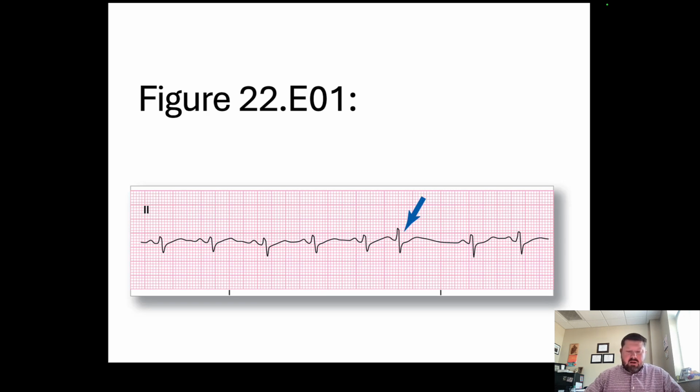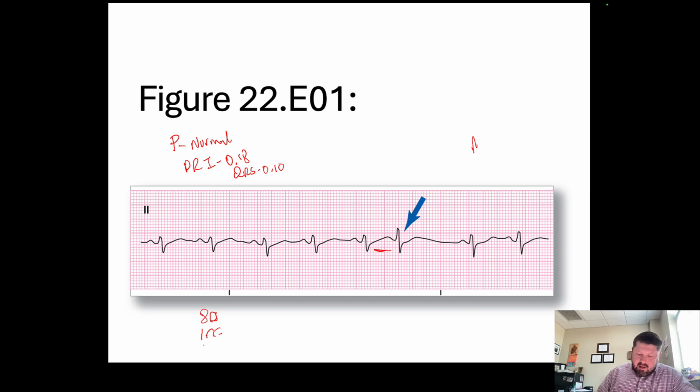If we notice in this figure here, we've got a rate of 1, 2, 3, 4, 5, 6, 7, 8, a rate of 80, and it is irregular because I notice that R to R. My P waves look normal for my underlying rhythm. My PRI looks to be about 0.18, and my QRS is about 0.10.